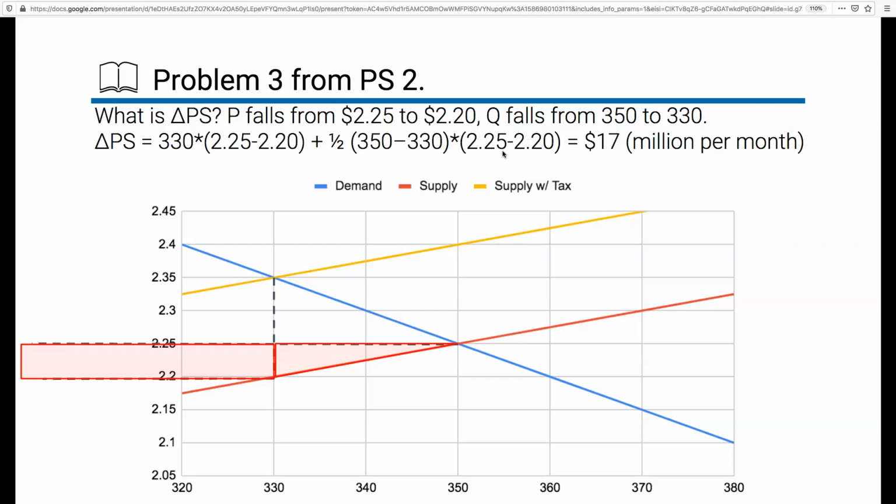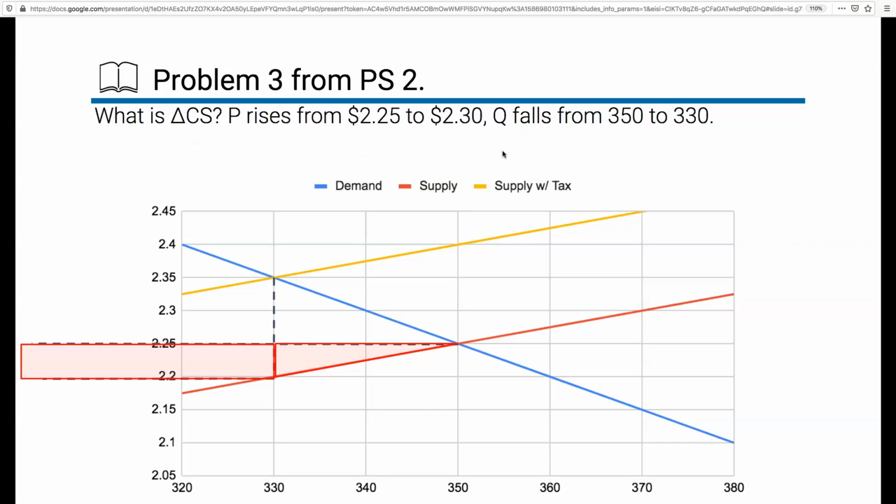And we can perform a similar calculation on the consumer side. We can say, what happens with the consumers? For them, they used to be buying at 225, now they're buying at 235, and they used to buy 350, now they're buying 330.